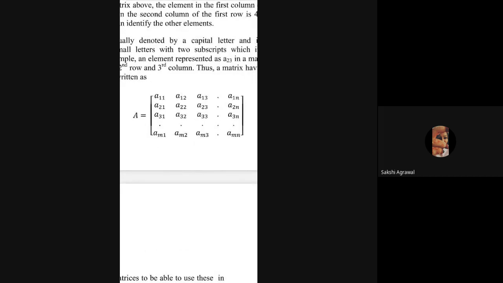Similarly, A32 means third row, second column. In this way it is named or positioned, and it goes on.